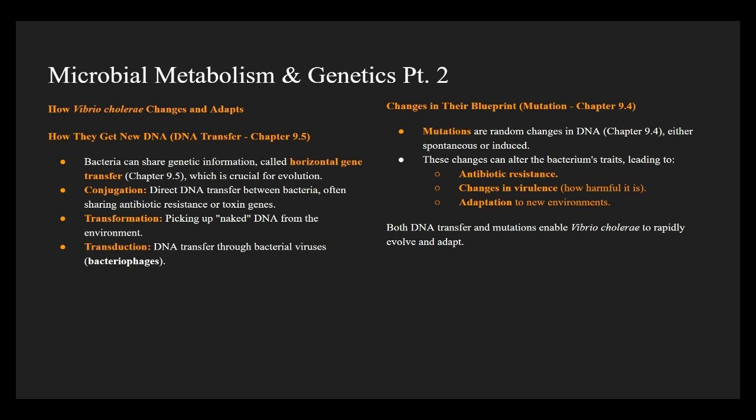Vibrio cholerae adapts through horizontal gene transfer, which includes conjugation, transformation, transduction, and also mutations in its DNA. These changes can alter traits like antibiotic resistance, virulence, and environmental adaptation, posing ongoing public health challenges.